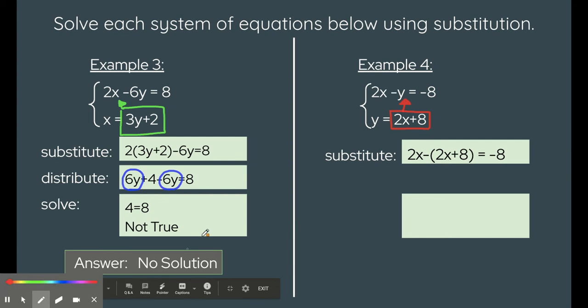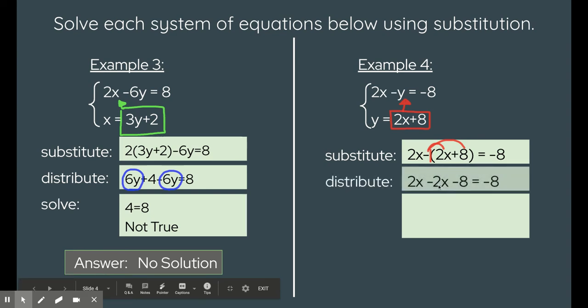But what a lot of people do on this problem is they'll put a little 1, because what I need to do is multiply negative 1 times 2x and negative 1 times 8, which makes negative 2x and negative 8. This part and this part didn't change.